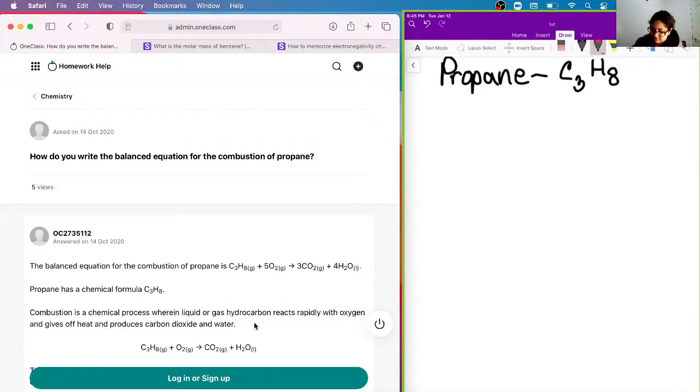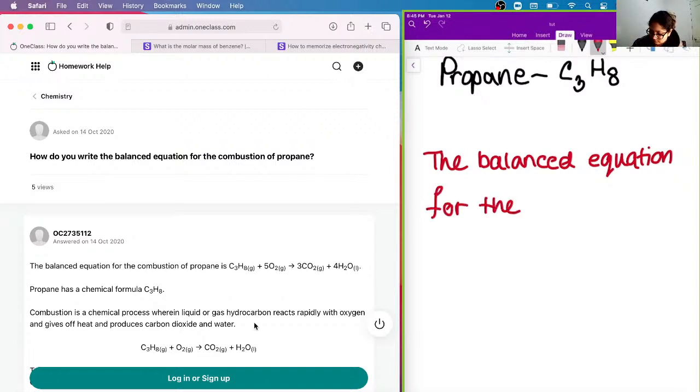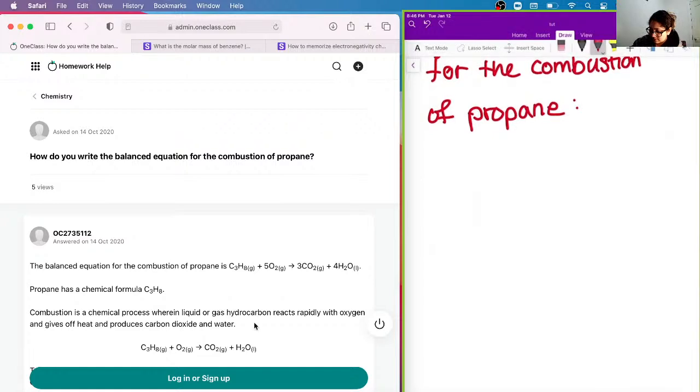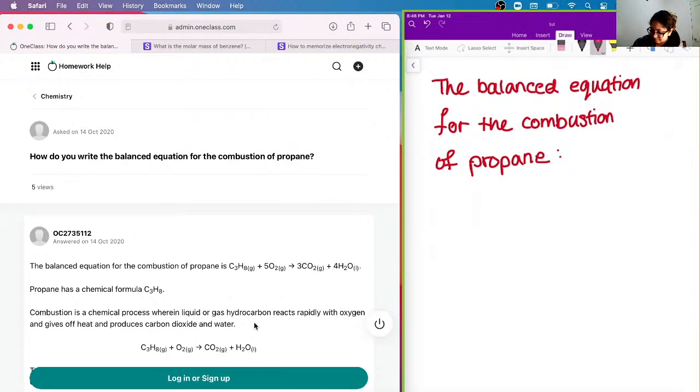So we can say the balanced equation for the combustion of propane: you have propane, which is a gas, usually C3H8 gas.